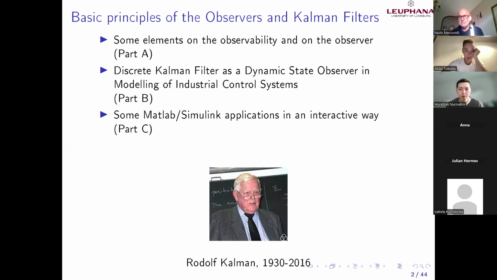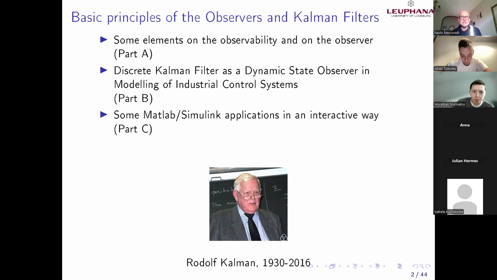Just some elements for the first part of the sessions. Independent of this formalism, we can see three points. Today and next week, we will see some elements of observability, and we try to understand what an observer is, but not only how we can build an observer.